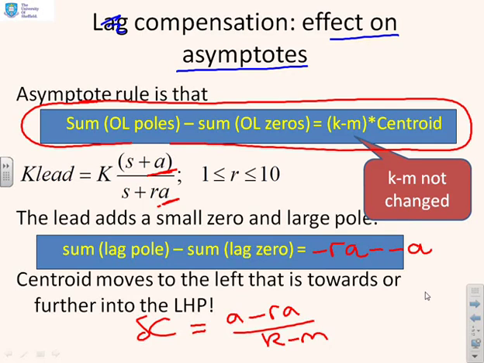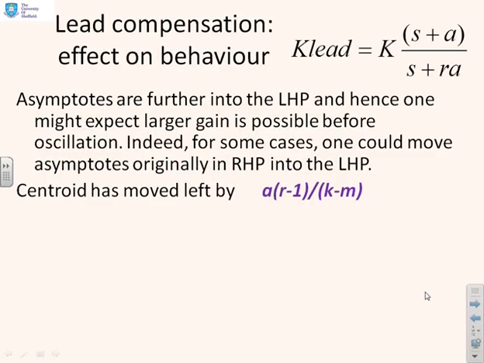And what do you notice? This is given by a times (1 - R) over (k - m), and this is clearly less than 0 because R is bigger than 1. So in other words, the centroid is moving to the left. So what do we know? Asymptotes are now further into the left half plane than before we added the lead.